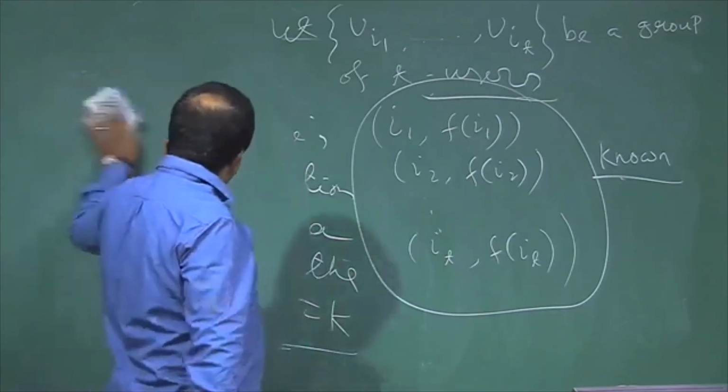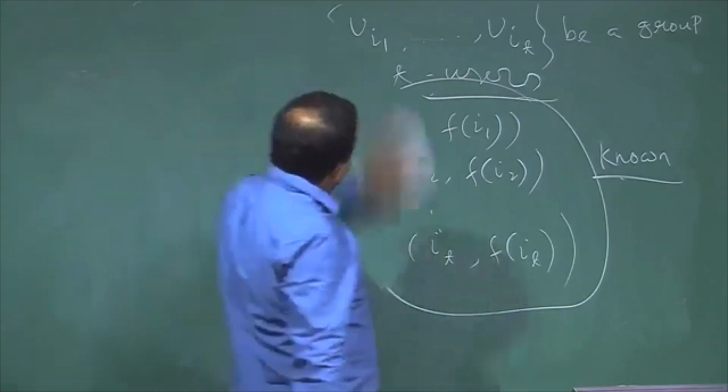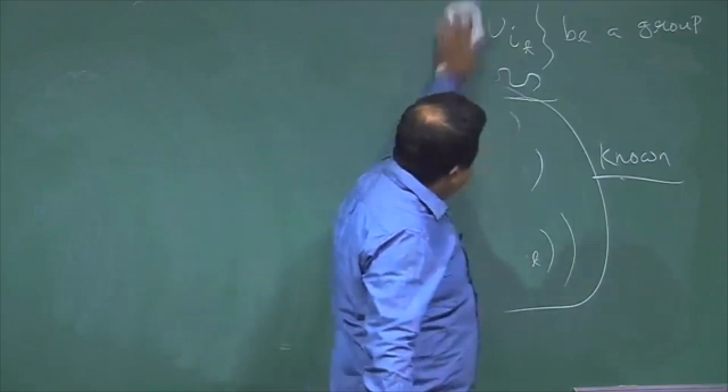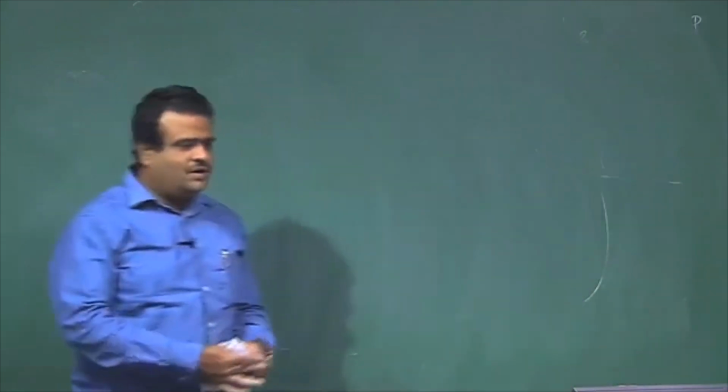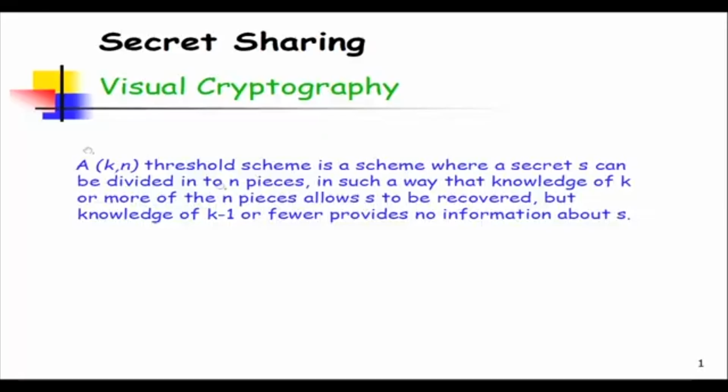It has application in visual cryptography and broadcast encryption. In visual cryptography, can you go to the slide please? This is basically a k-n threshold scheme where a secret S is divided into n pieces. This could be an application in a banking system.